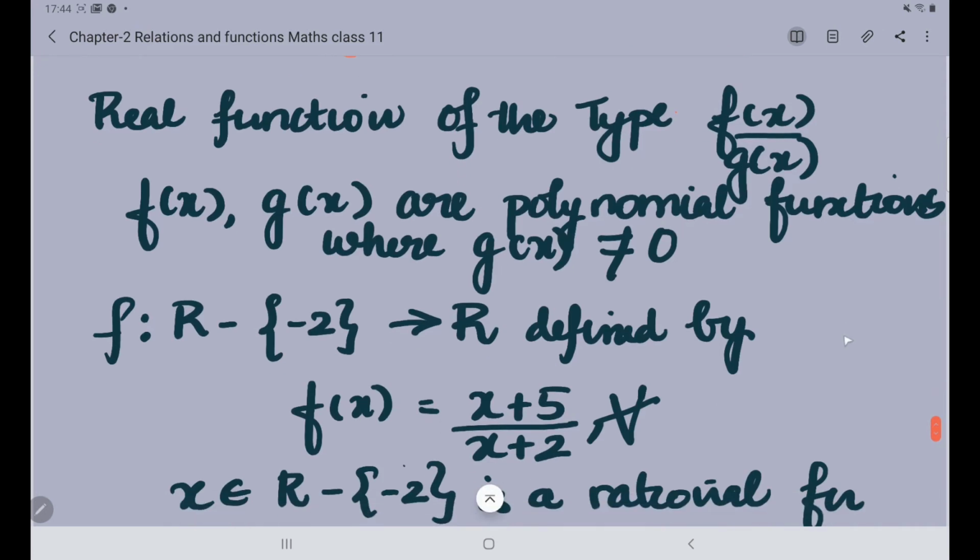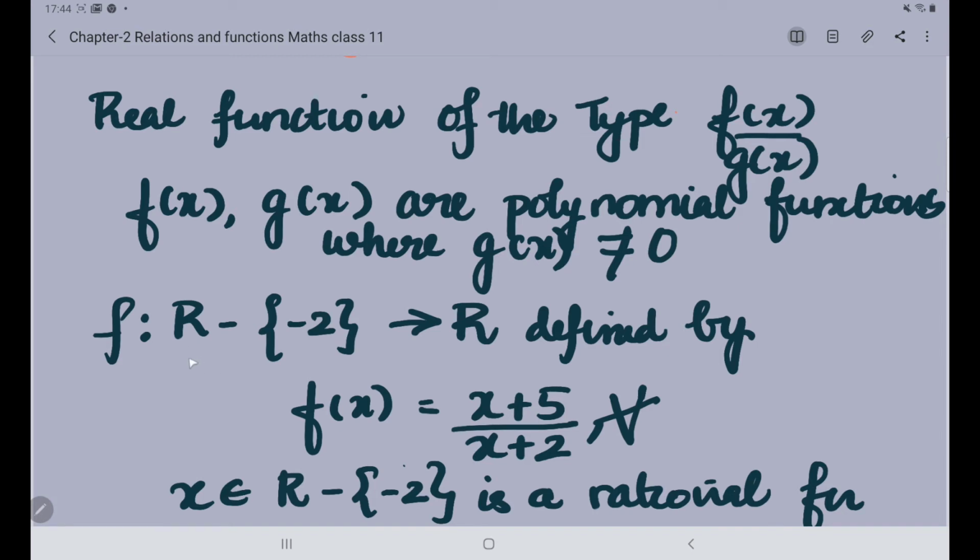For example, let's take f of x is equal to x plus 5 by x plus 2. So what is the domain of this? R minus minus 2. I have subtracted minus 2 from the real number set for taking the domain. Why have I done that? Because if I substitute minus 2, you can see that the denominator becomes 0. Anything by 0 is not defined, and that's why we subtract that number from the real number set.